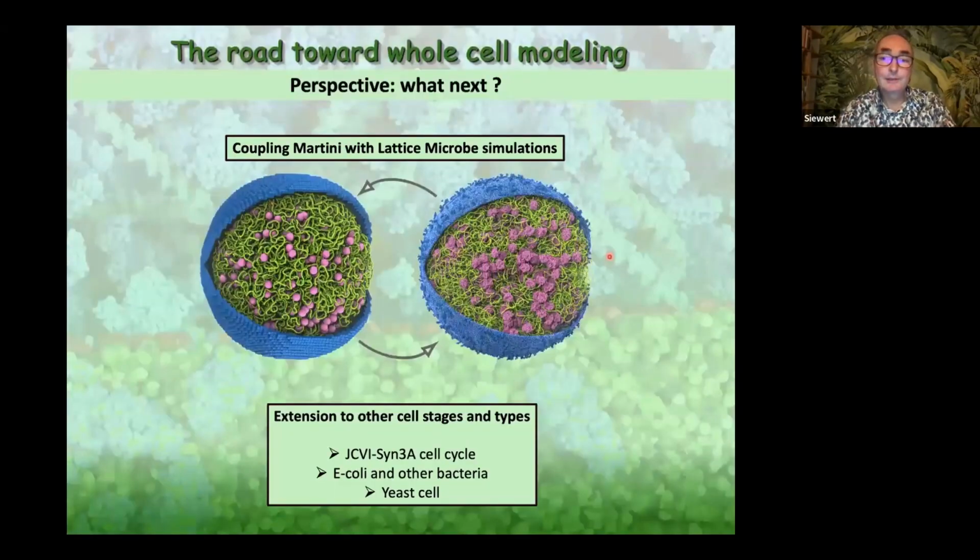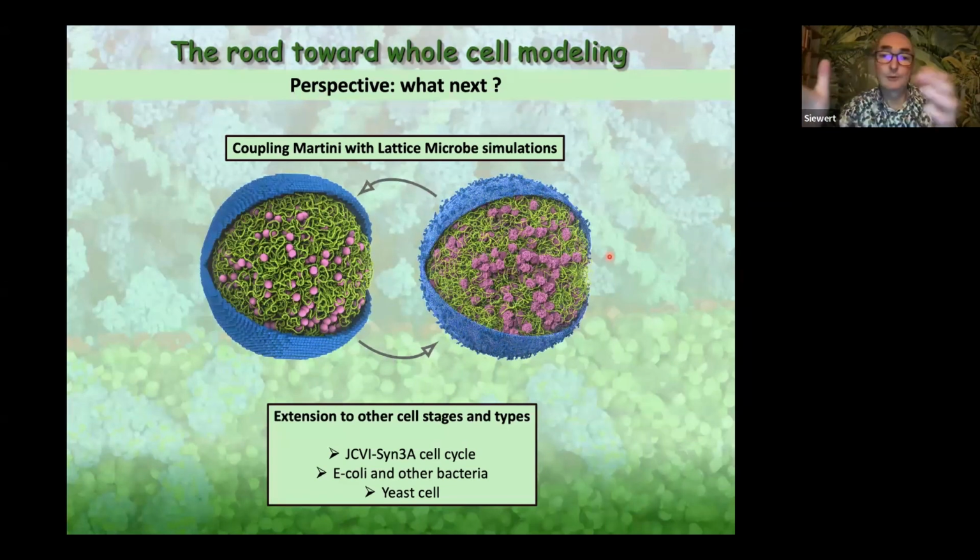So with that, a prospect on even what is beyond that. So we want to couple the kind of simulations at the Martini level also to this lattice microbe simulations of our collaborators that are probing this reaction and network dynamics on timescales that cover the entire lifetime of the cell. And then we can do forward and backward mapping, and information from the Martini simulation can be used to improve these network models, and vice versa.